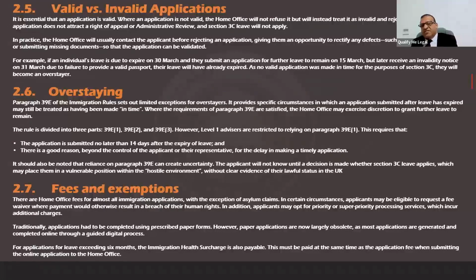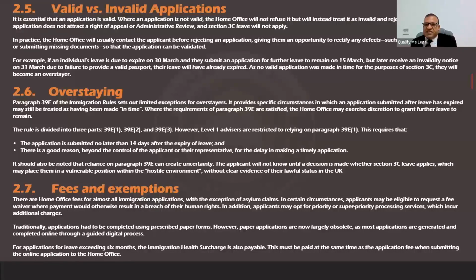However, it's very important to understand that if you have not applied within the time duration, it's up to the Home Office to accept your reasons for not applying. If they accept your reasons, then obviously you'll have Section 3C, and Section 3C will apply. If they do not accept your reasons for not applying within the time duration, then you will become an overstayer, or your client will become an overstayer.